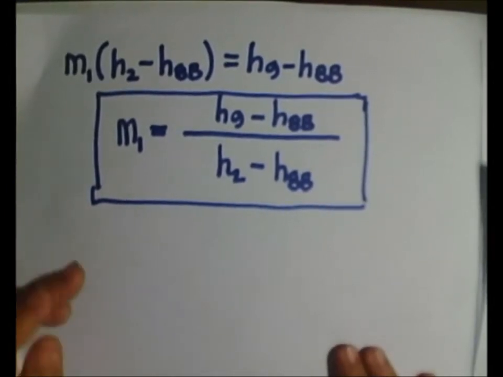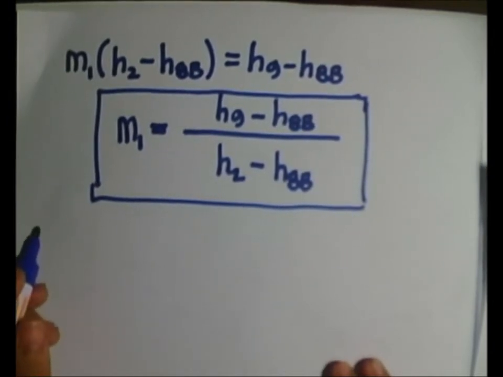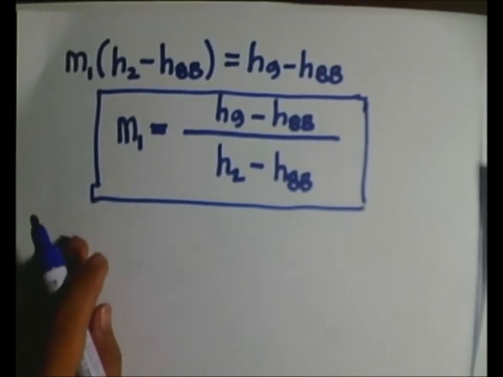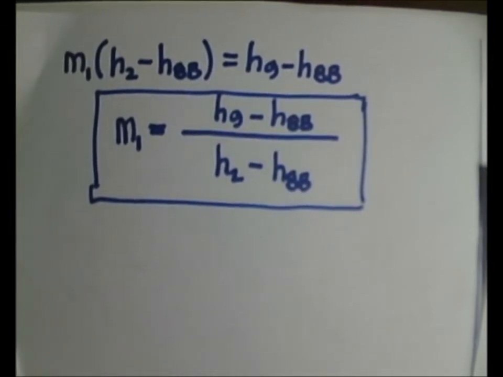So there is a trick for that, a clue that we can use. So therefore, calculating the rest of the masses M2 and M3 will become somewhat easy.